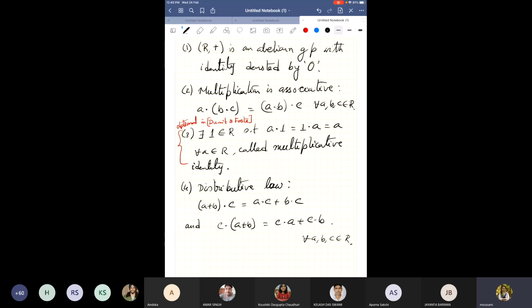Okay, and if in addition you also have that AB is equal to BA for all A, B in R, then we say that R is a commutative ring.